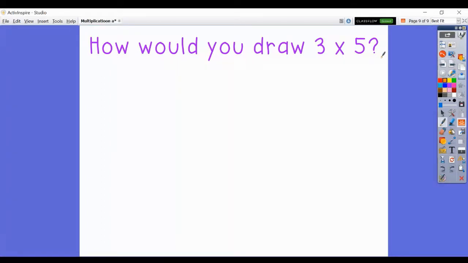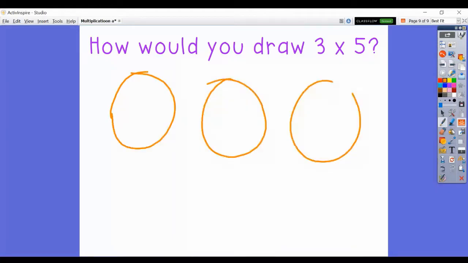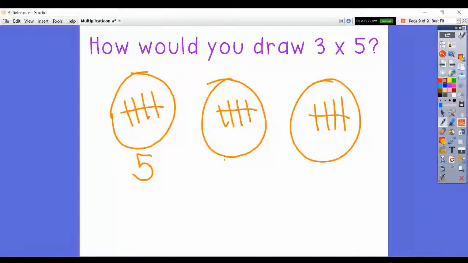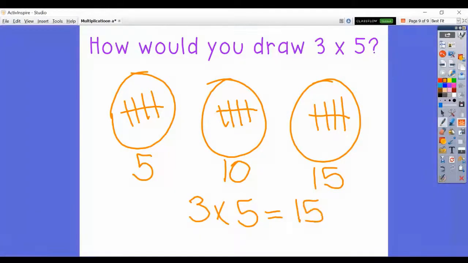So with this one, we're going to make 3 groups, 1, 2, 3, and I'm going to put 5 tally marks in each. Once again, I can skip count by 5, or I can count the tally marks. So I have 5, 10, 15, which means that 3 times 5 is also equal to 15.